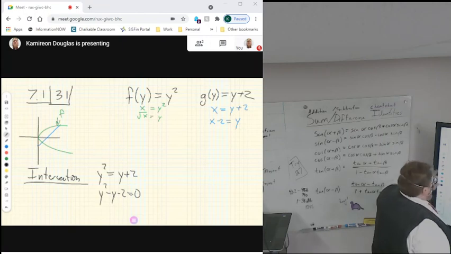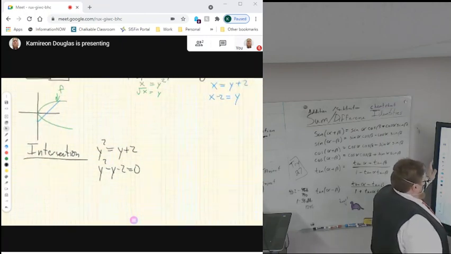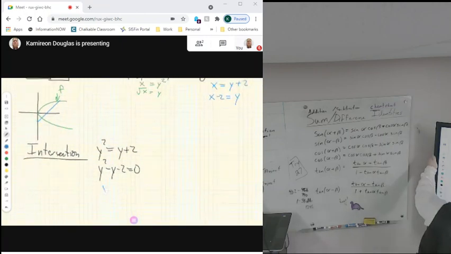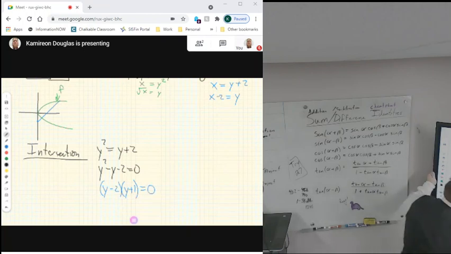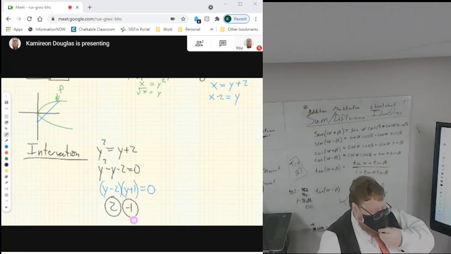I can factor, or I could use the quadratic equation. Either way, I get y minus 2 and y plus 1 equals 0. So we end up with two solutions, 2 and negative 1. Those tell me my boundaries.